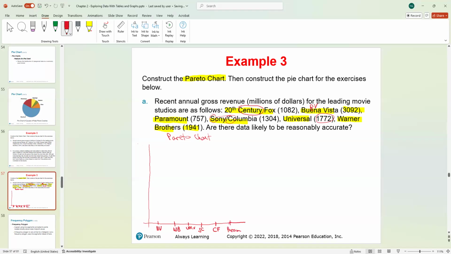Now, in terms of numbers, as we said, we can go up to 3090.